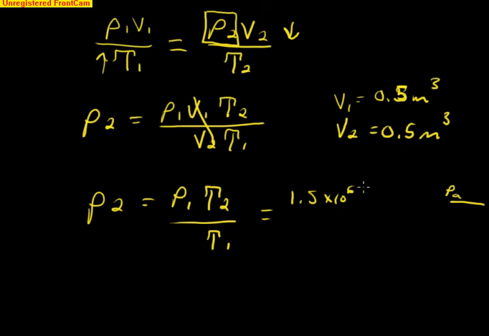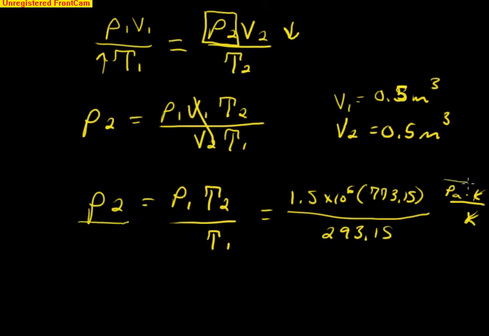This temperature that we just solved for was 773.15, in kelvins, and we're dividing by 293.15, also in kelvins. So P2 is going to be in units of pascals. These cancel.